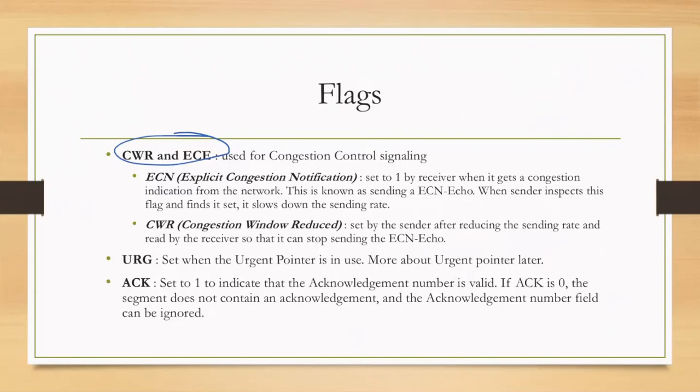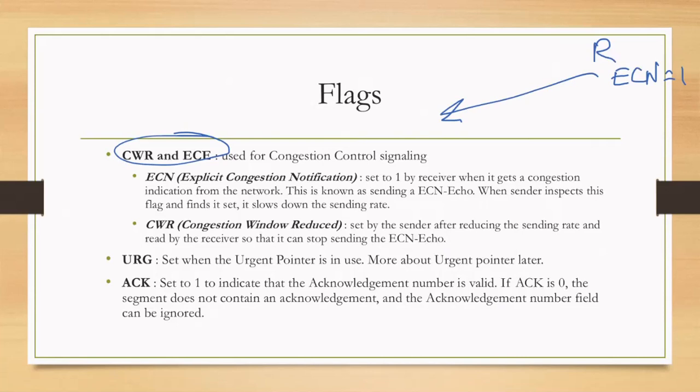This ECE, explicit congestion notification, bit will be set by the receiver. The receiver will send a segment to the sender and set this ECN bit to 1.